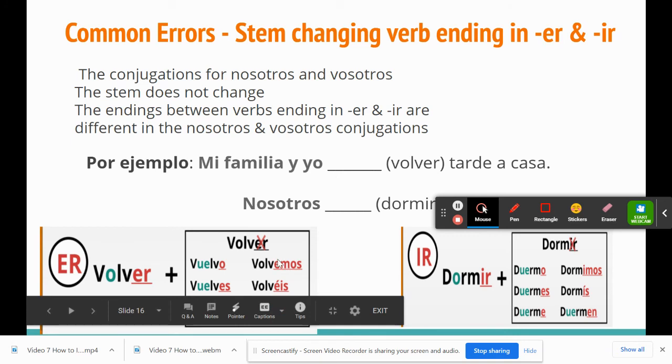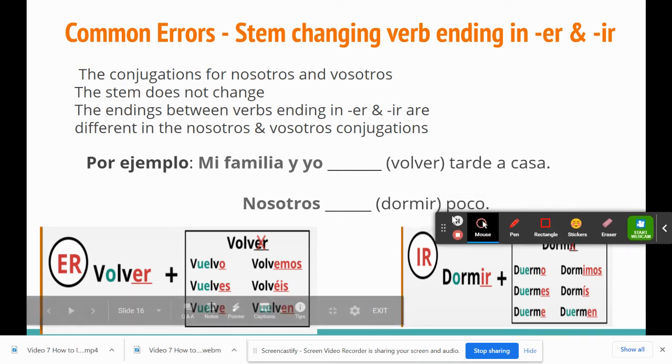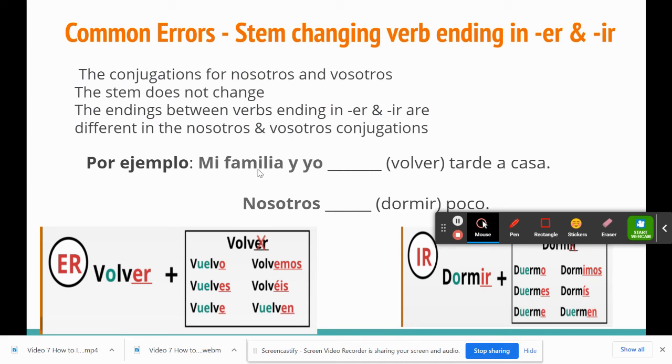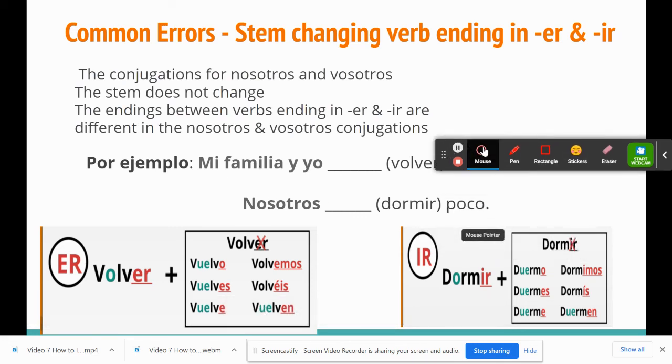For ER verbs, we say nosotros, and the ending should be emos. Vosotros, éis. When a verb ends in IR, the spelling is imos. And for vosotros, ís. Now, please show me that you understand this, and please complete these two questions using the word banks shown below.